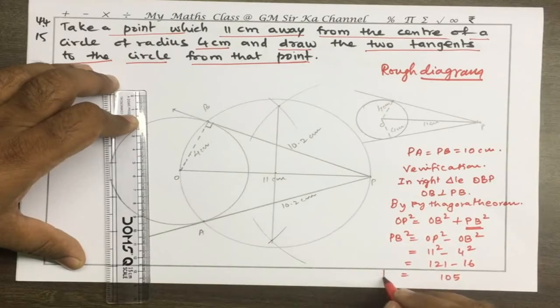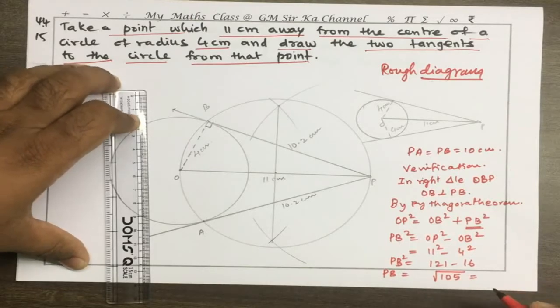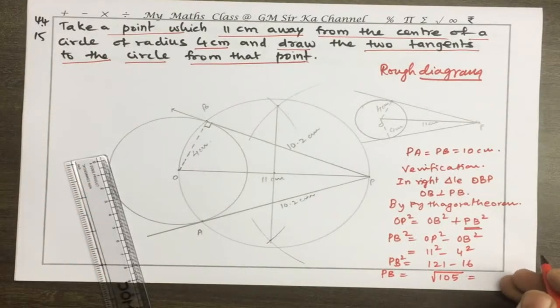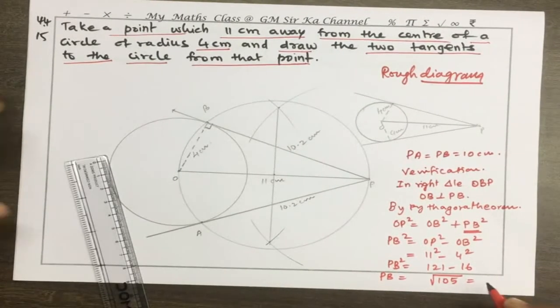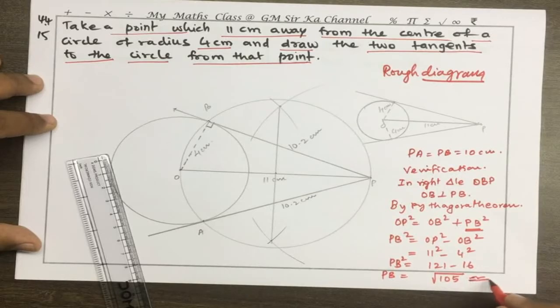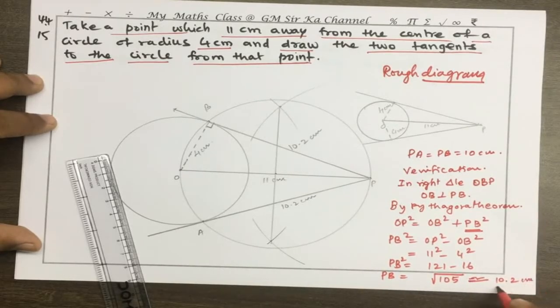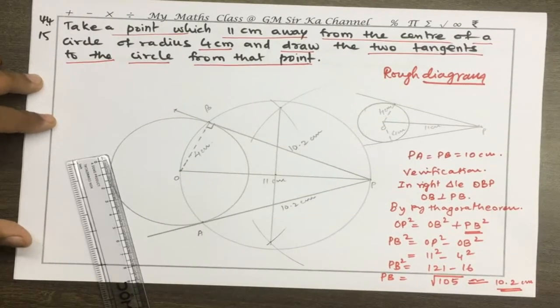PB square will go to that side. So the square root of 100 is 10, we already know, and this is 105, so it is approximately equal to 10.2 centimeter we can write. So that's it in this problem.